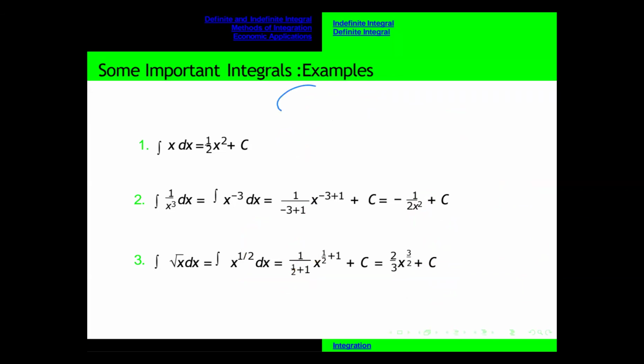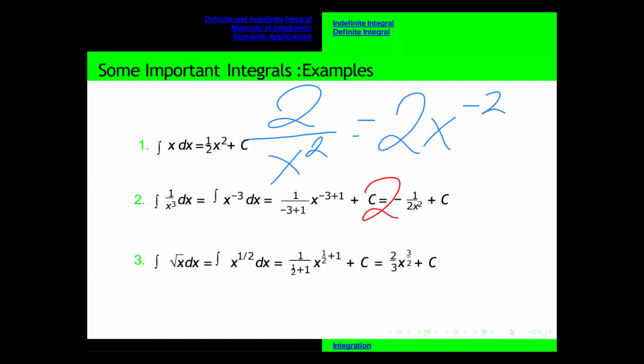So if you have 2 over x squared, this can still be rewritten. First, you have to rewrite as 2x to the power negative 2, right? So that you could have 2x to the power negative 2 plus 1 over negative 2 plus 1.